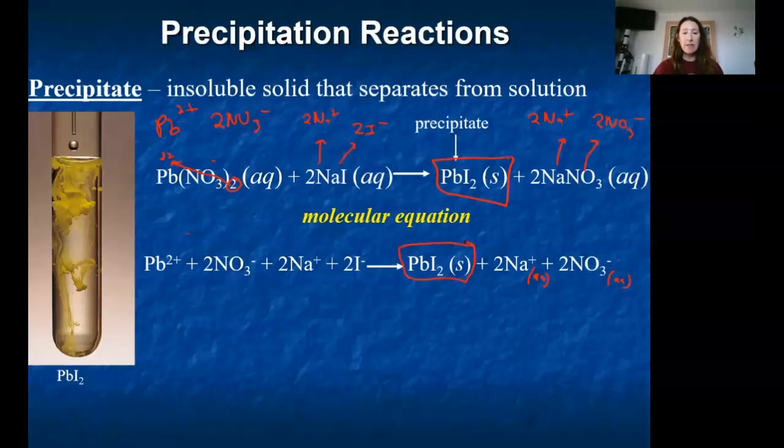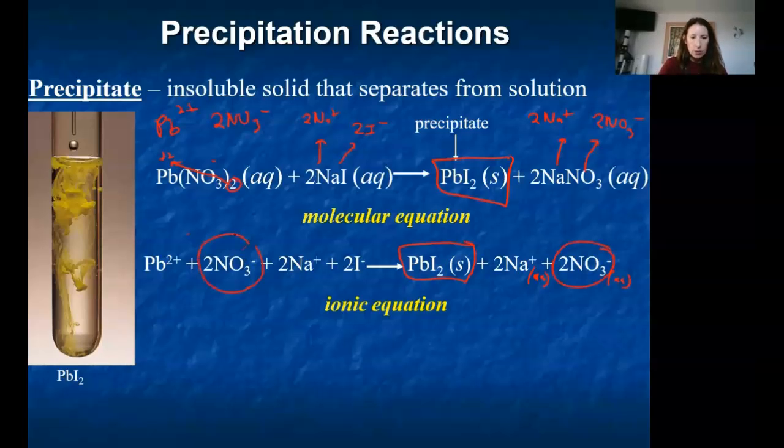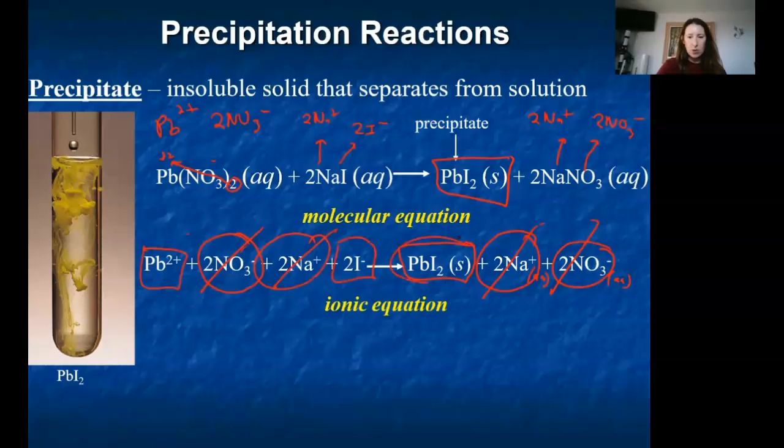Now we cross off everything that's the same. So you see how there's 2 nitrates, 2 nitrates, 2 Nas, 2 Nas. And now the lead and the iodine, those are the 2 things that made this.